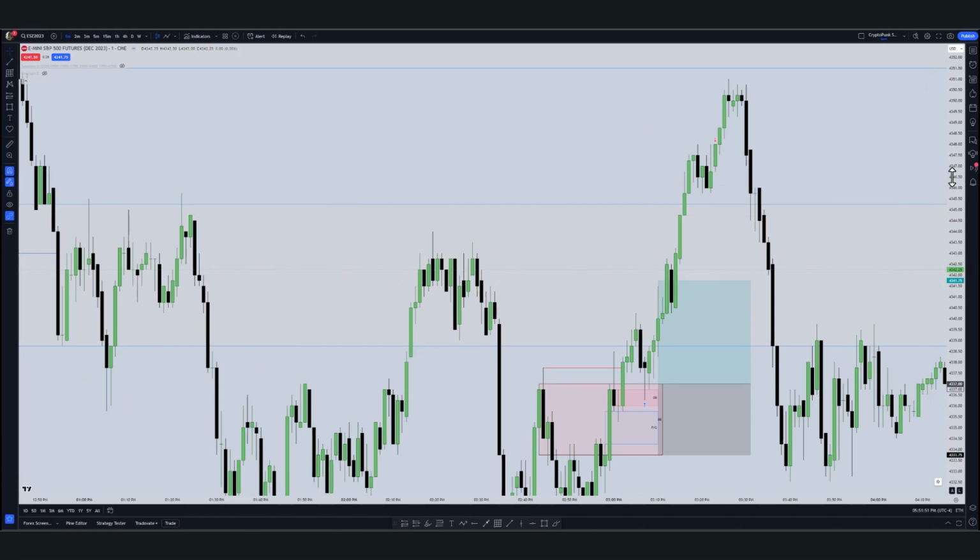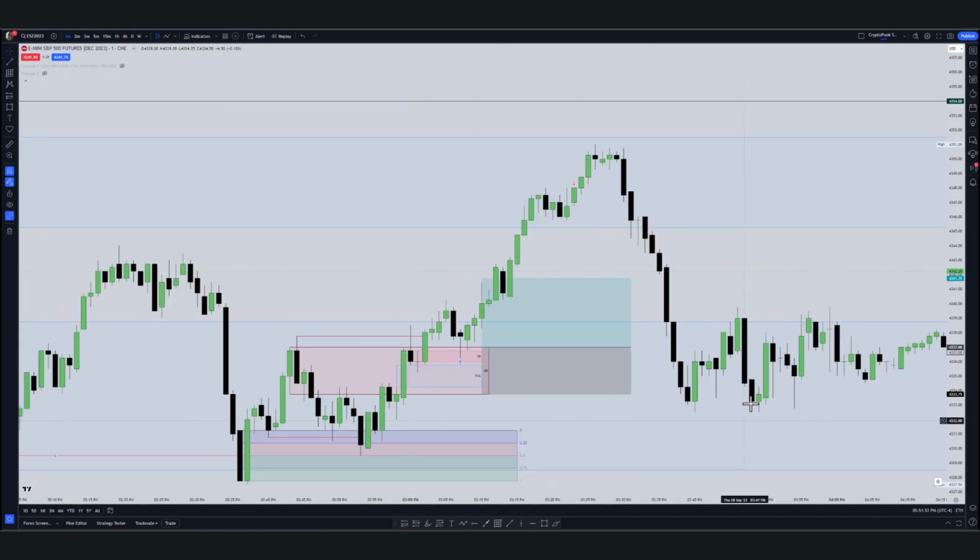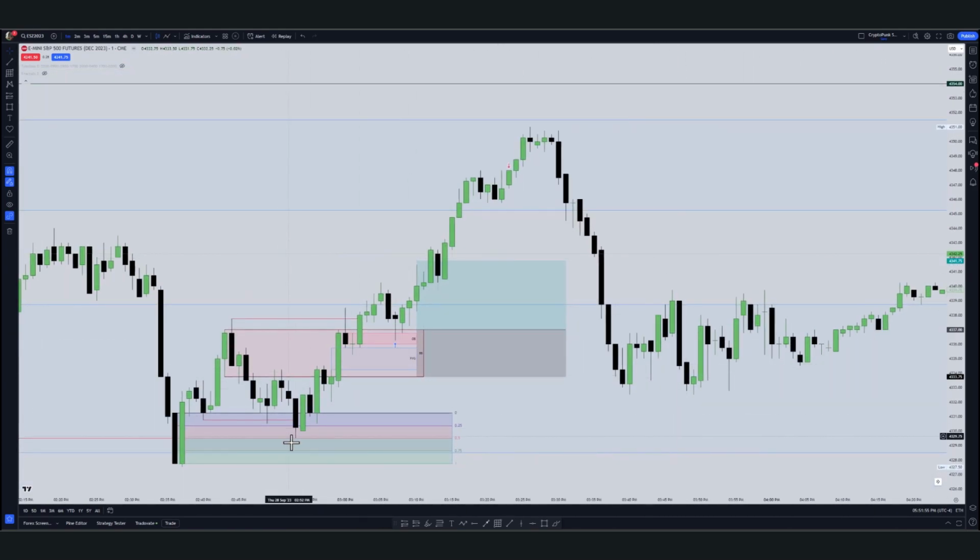Like overall the market bias on higher time frame is in downtrend, right? So I don't want to go for long trades. If I get pure short trades, I only look and consider those things after getting a profitable trade. So that's why you see me posting the profitable trades.